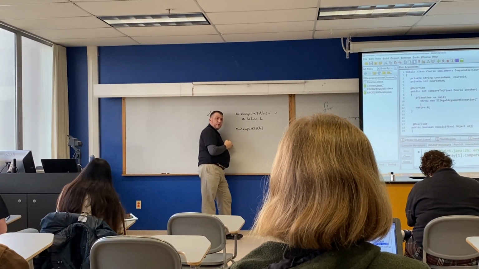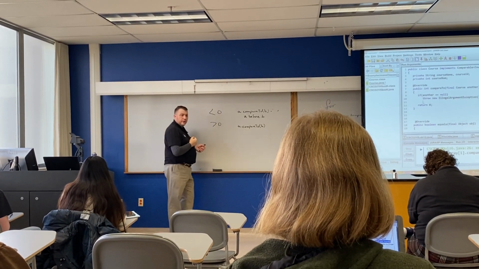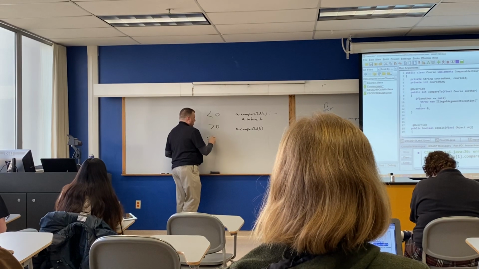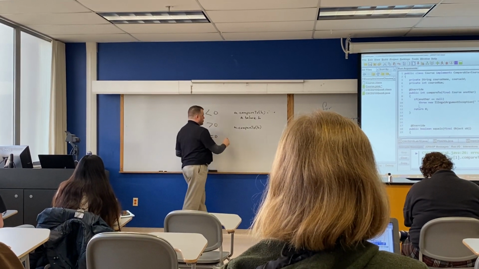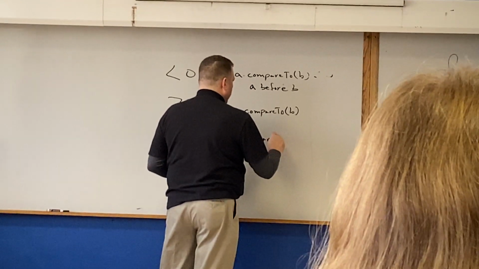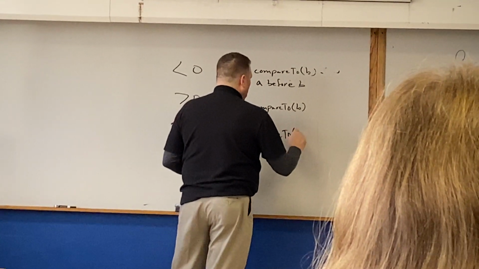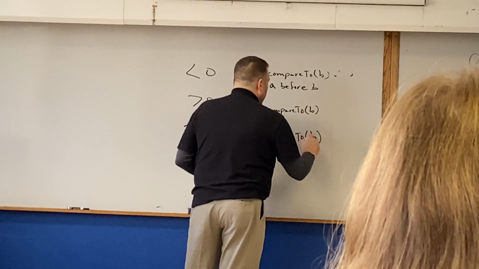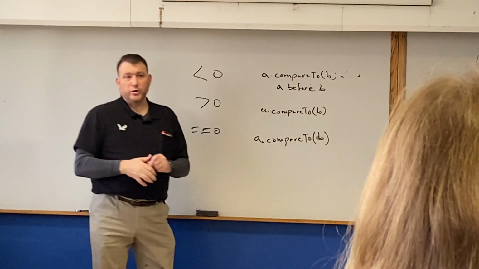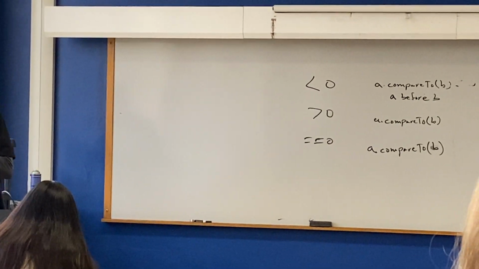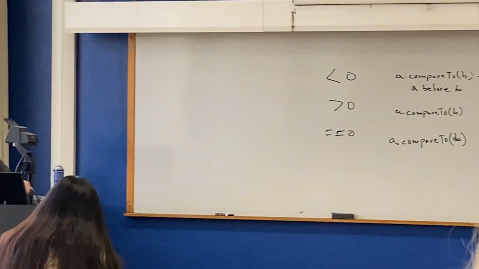Thank God Savannah's in the front row with an S name, I appreciate that. And if they're the same, stu.compareTo(stu), those are going to be equal to 0, okay? But that's all we have for the compareTo method. We are guaranteed it will be a value less than 0, greater than 0, or equal to 0.